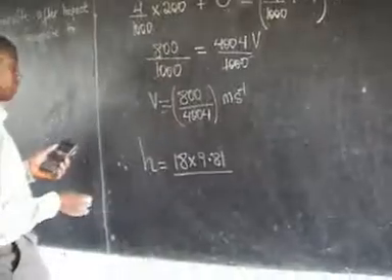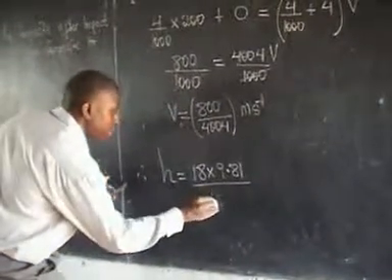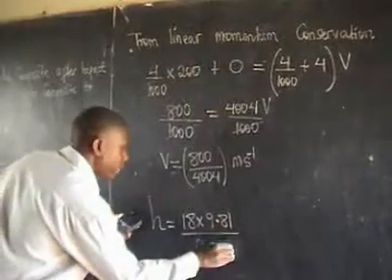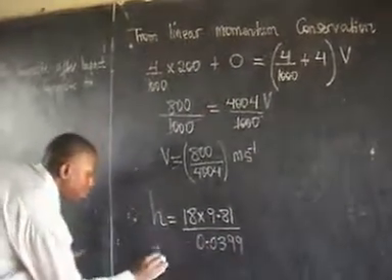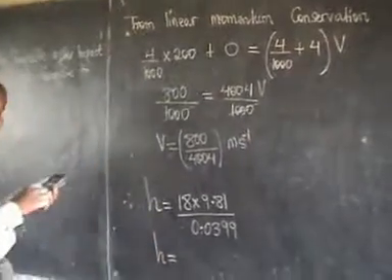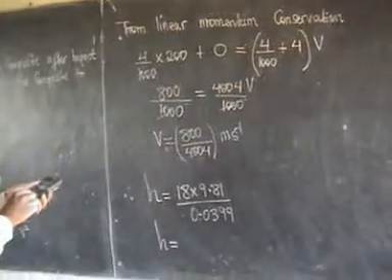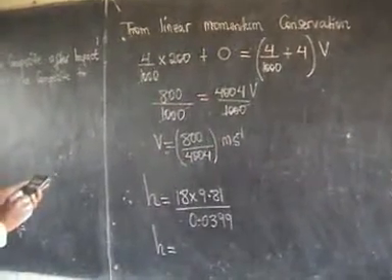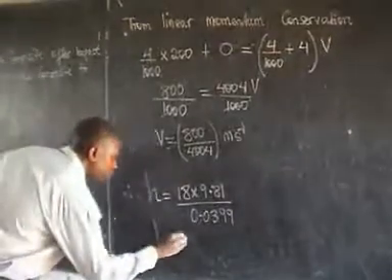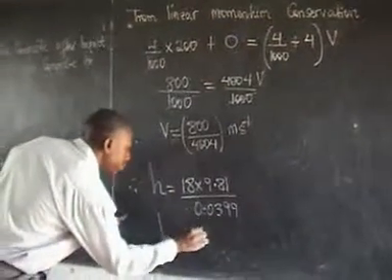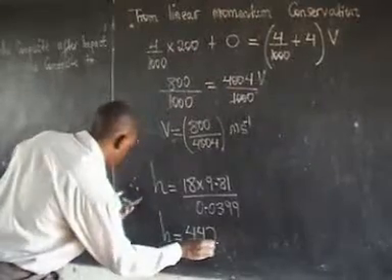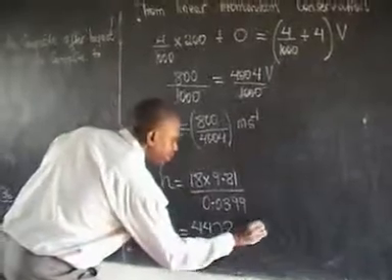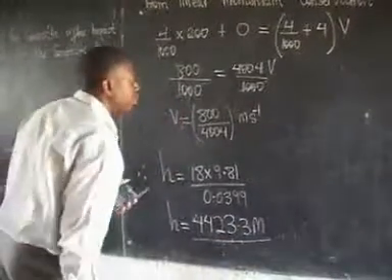So I am getting, after squaring, 0.0399. Therefore my h equals 18 times 9.81 divided by the answer. So we are getting 423.3 meters.